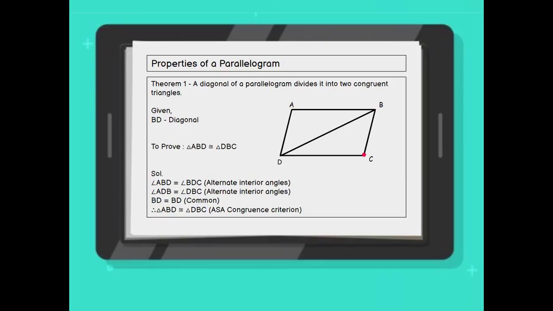Why? Because they are alternate interior angles again. And we have BD as common. Therefore, triangle ABD is congruent to triangle DBC by angle side angle congruence, the angle side angle congruence criteria.